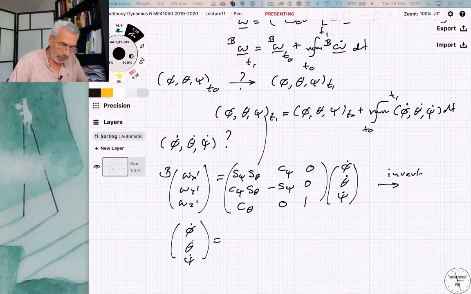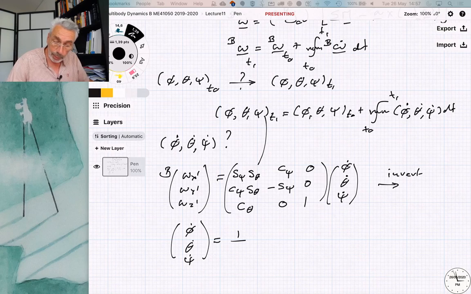I cannot, but if you need the inverse of a matrix, you first need to find the determinant of the matrix, and then it's 1 over the determinant. The determinant in this case is this product and this product. So we get sine squared phi plus cosine squared phi, times sine theta.